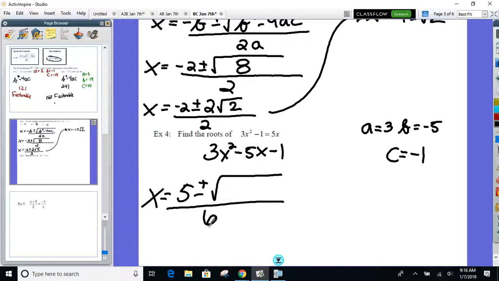Let's see what number you get underneath the radical. Store away. What do you guys get underneath the radical? 37?